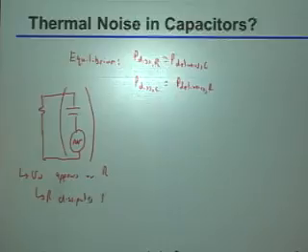Okay, so does this bother anybody? Is there kind of a problem with this? Is it totally okay for a resistor to be dissipating energy that came from apparently nowhere?